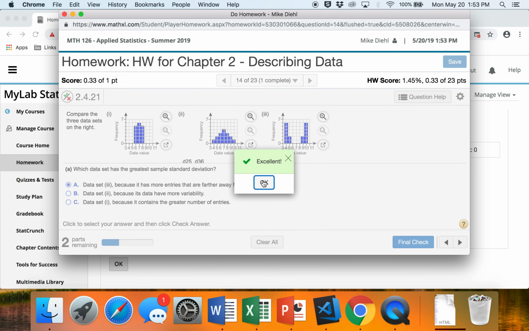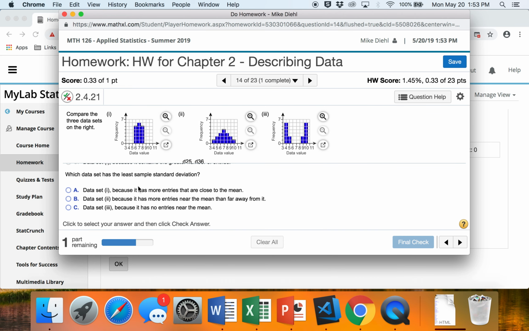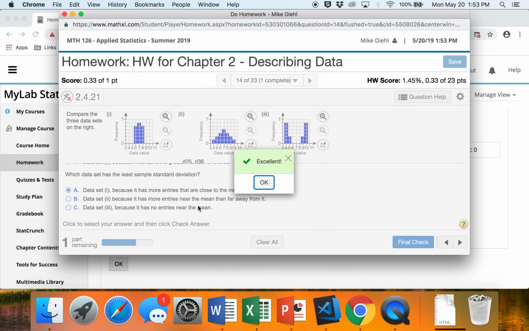Okay, so I got that one right this time. And then it goes to the second part, which asks which has the smallest standard deviation, which I think is the first one, maybe. It's having to think about that. Okay, so that was right also.